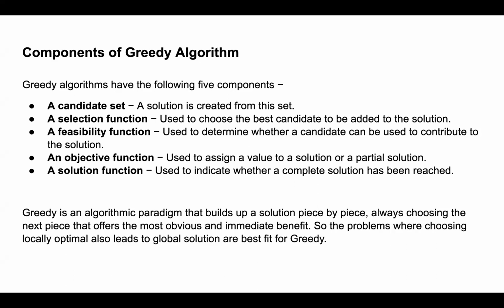Greedy is an algorithmic paradigm that builds up a solution piece by piece, always choosing the next piece that offers the most obvious and immediate benefit. So the problems where choosing locally optimal also leads to a global solution are the best fit for greedy.